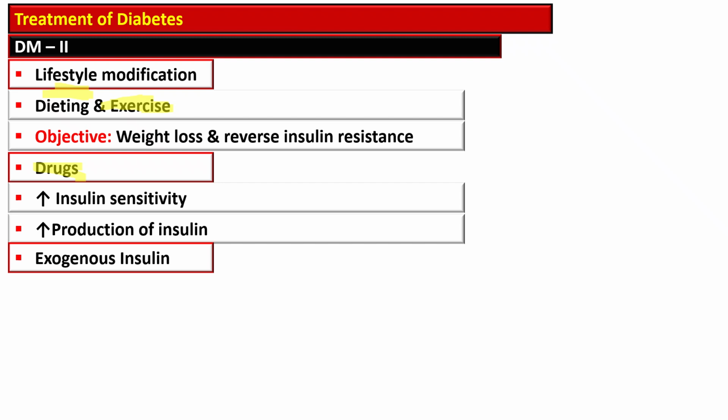Then, as we have discussed earlier, incretin-based drugs, GLP-1 mimetics or DPP-4 inhibitors, are also used to enhance secretion of insulin. And then finally, exogenous insulin can also be used in the later stages when pancreatic beta cell function declines and insulin injections are required to maintain the blood glucose level within normal limits.